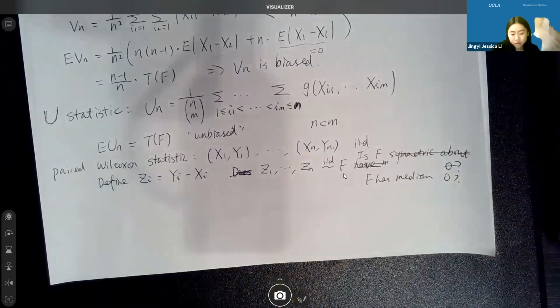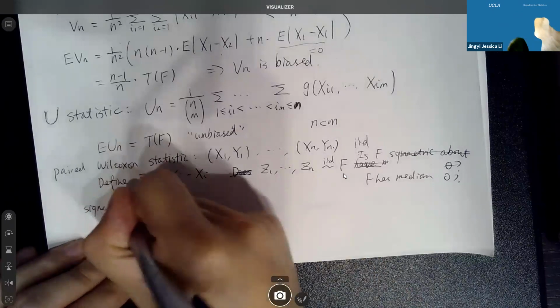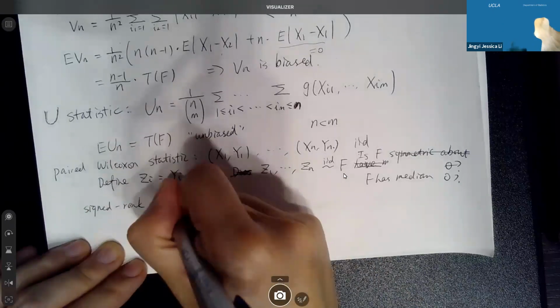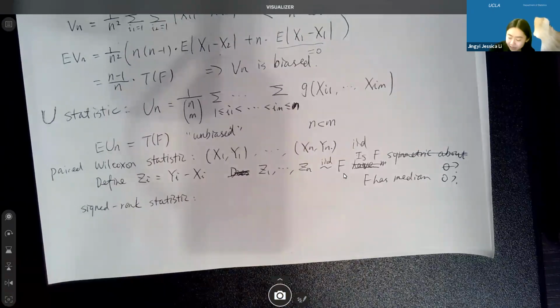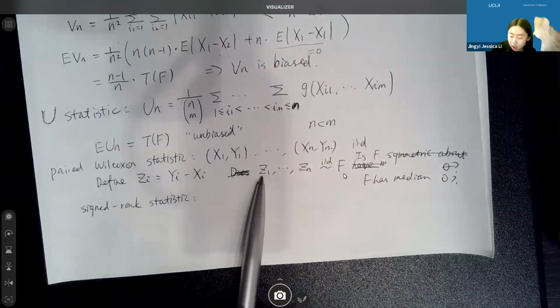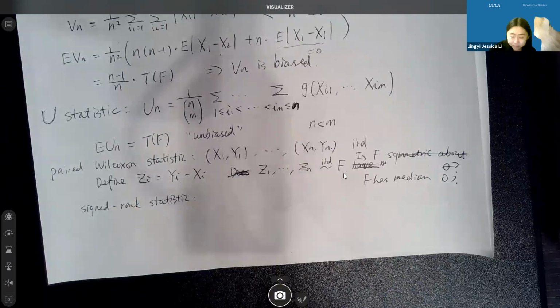To answer this question, the Wilcoxon signed rank statistic is as follows. First of all, we take the absolute values of Z1 to Zn and then rank them from the smallest to the largest.